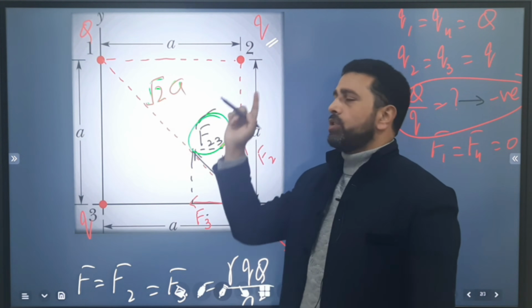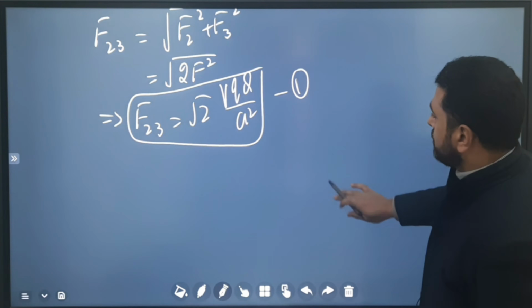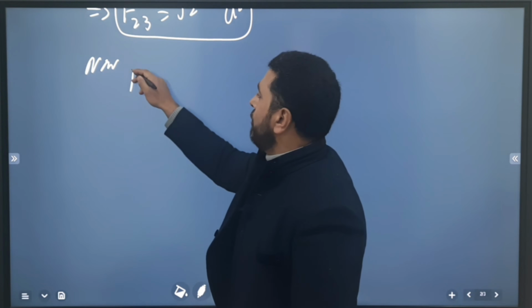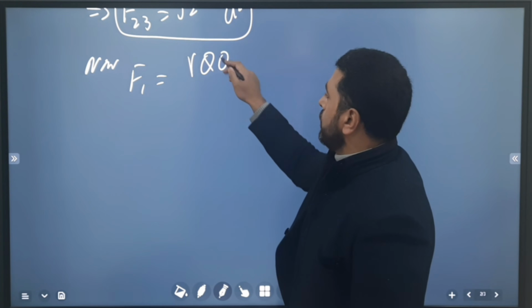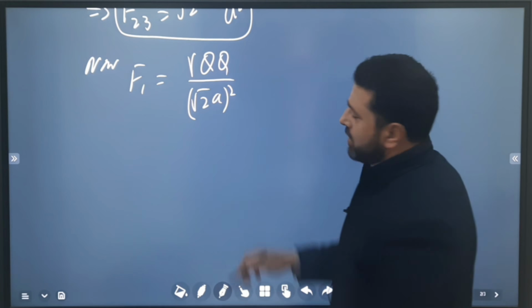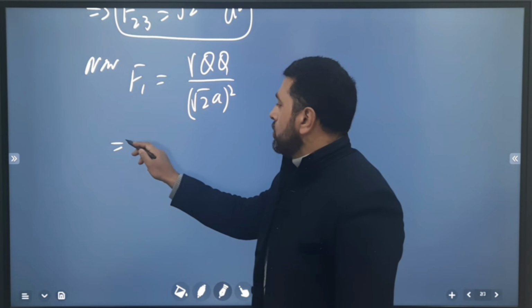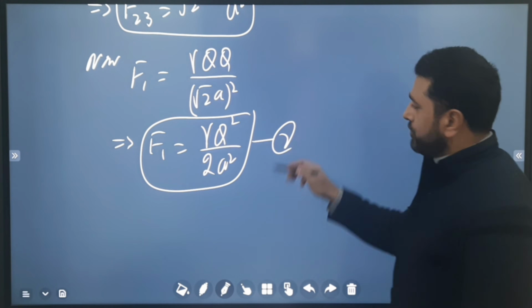This is a, so this is going to be root 2 a. Now F1 is gamma Q into Q divided by root 2 a whole square. Both charges are Q and the distance is the diagonal length, which is root 2 a. So F1 is equal to gamma Q square by 2a square, equation 2.